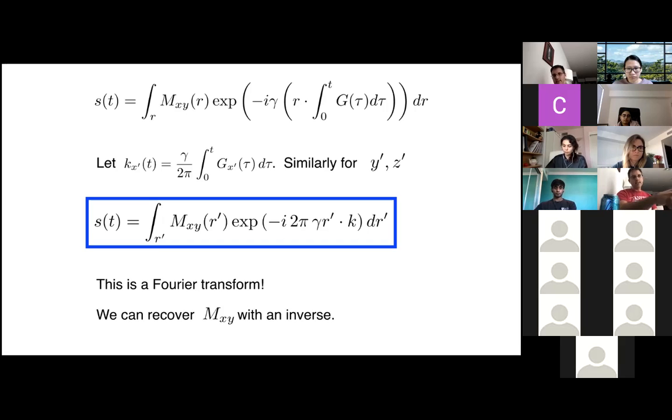The gradient fields dictate which values in the Fourier domain we're going to get. We manipulate them to get different values, and then we try to make a picture from the values in the Fourier domain that we have. That's how you make pictures with MRI.